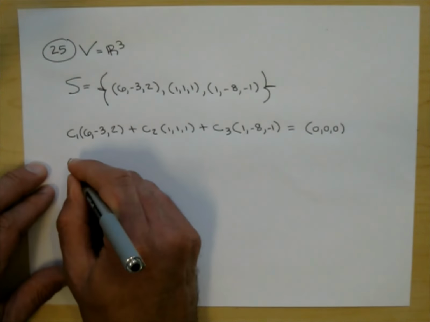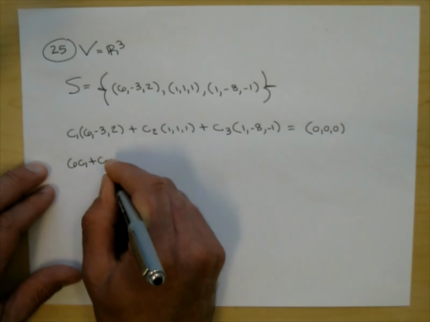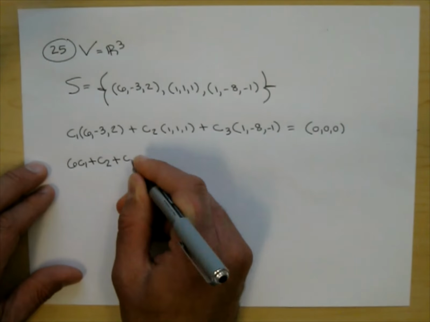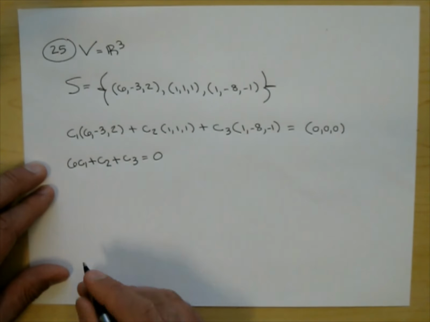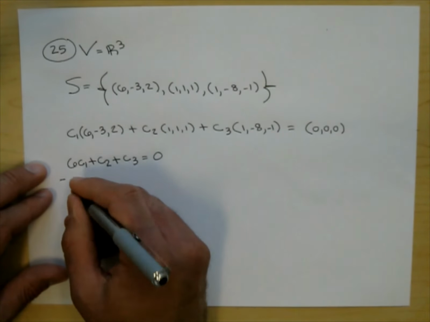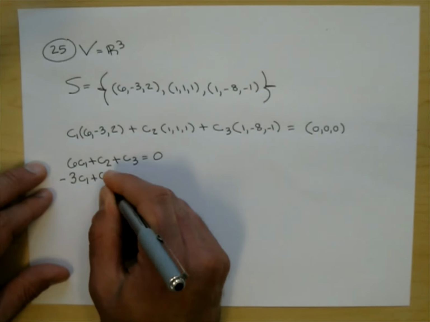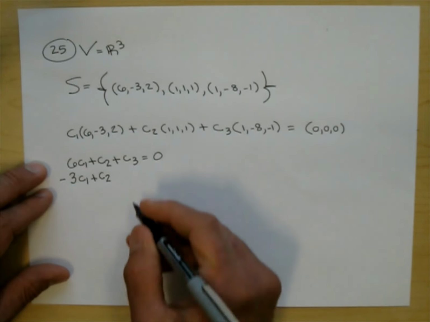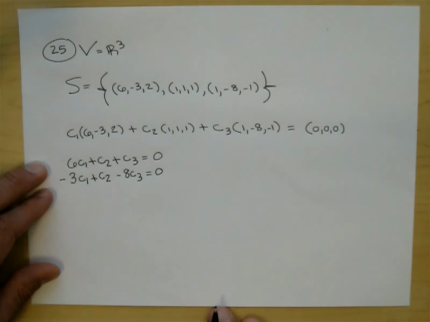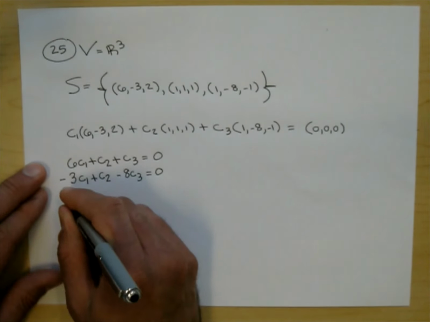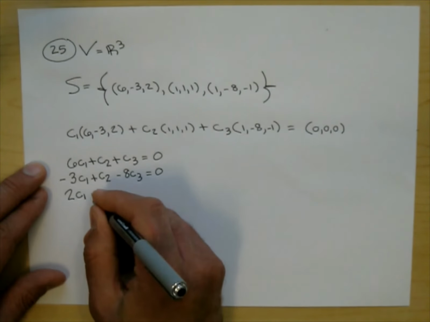So I have 6C1 + C2 + C3 equals 0. And then the second component's -3C1 + C2 - 8C3 equals 0. And then the third components, we have 2C1 + C2 - C3 equals 0.